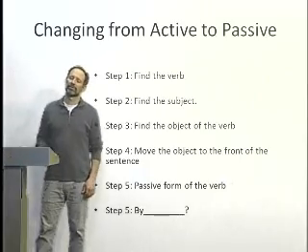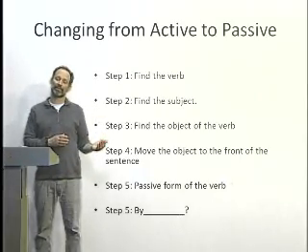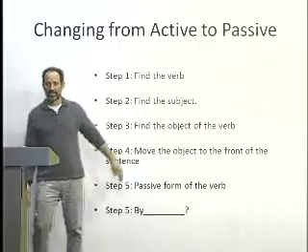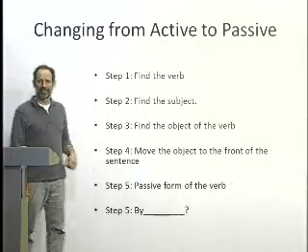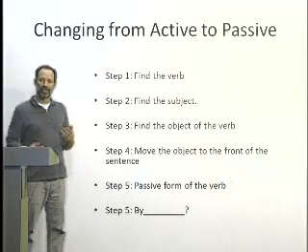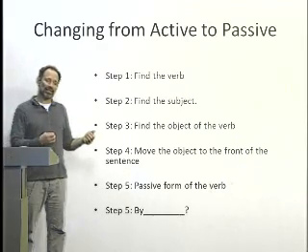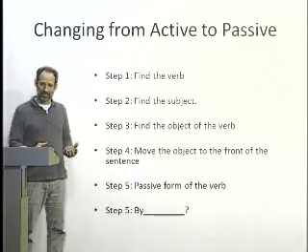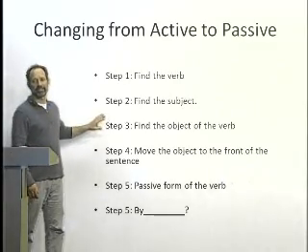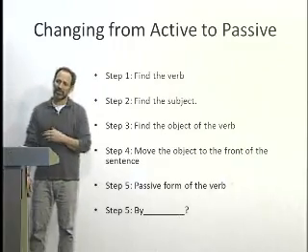So let's review. Changing a sentence from active to passive. Step 1, find the verb. Step 2, find the subject. We find the subject by asking who or what does the action of the verb. Step 3, find the object.